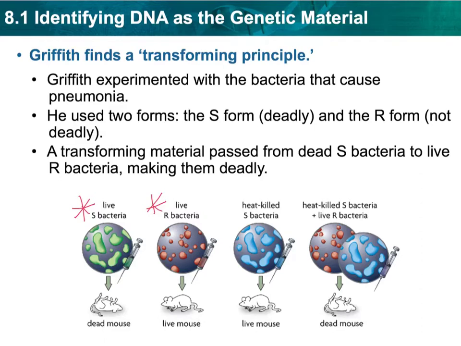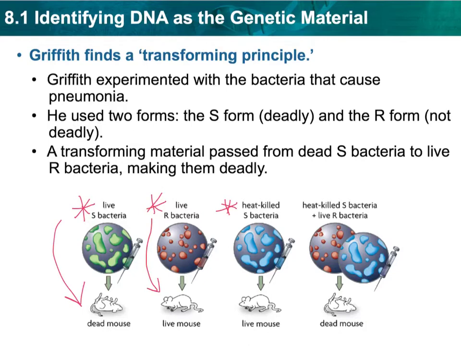So what he found, in essence, was that when he injected the S bacteria into a mouse, the mouse died because it was deadly. It was virulent, was the word they used. If he injected the R bacteria, the mouse survived, and that's because this was the non-deadly form. He then took that S bacteria, the deadly form, and he heated it first.